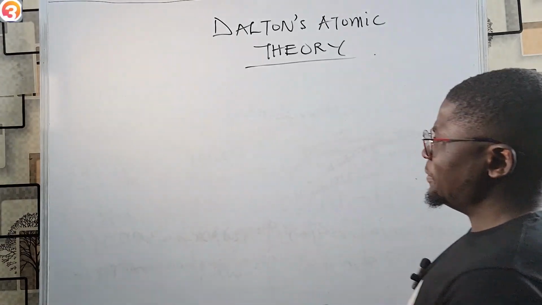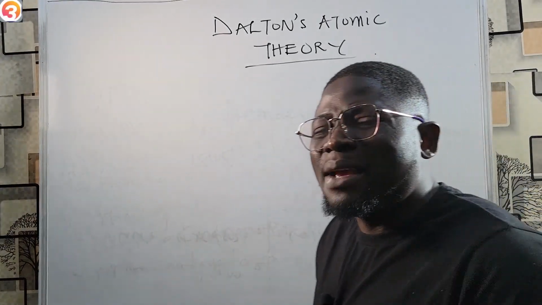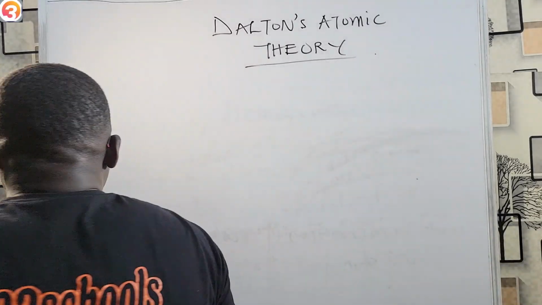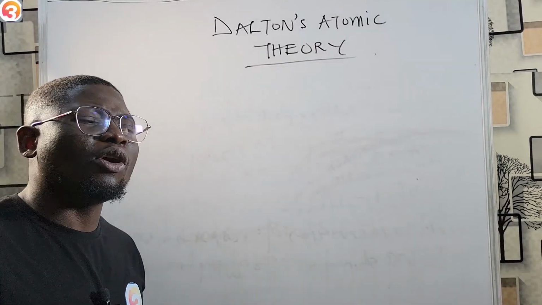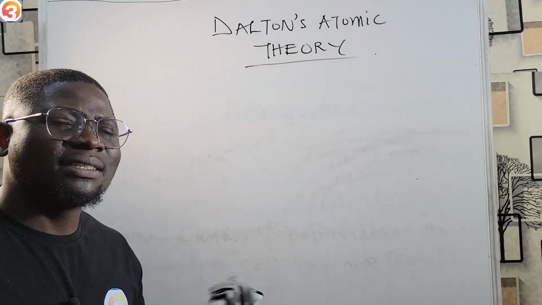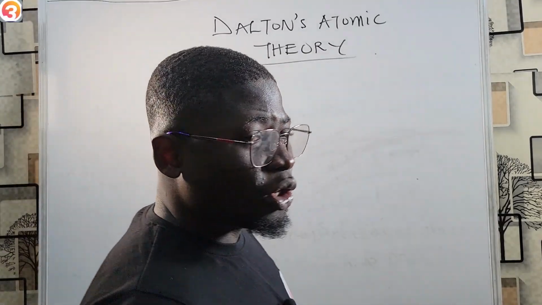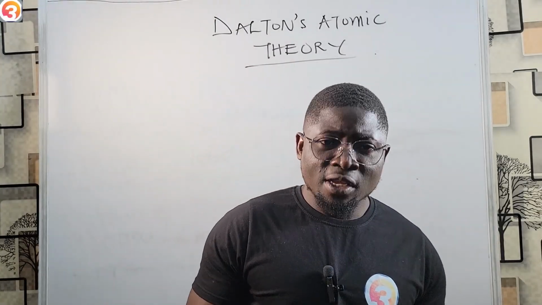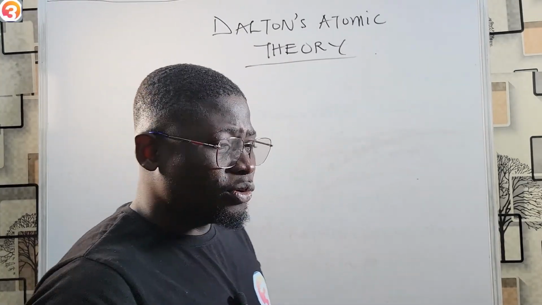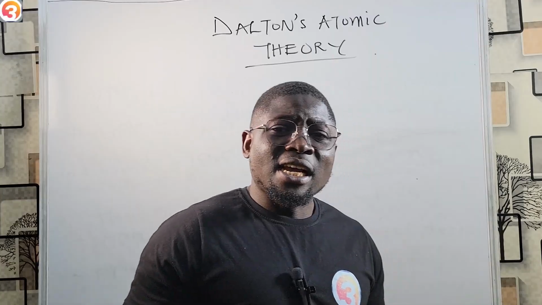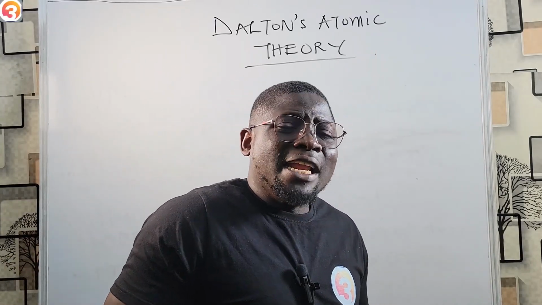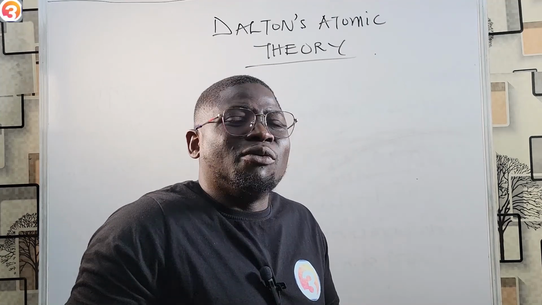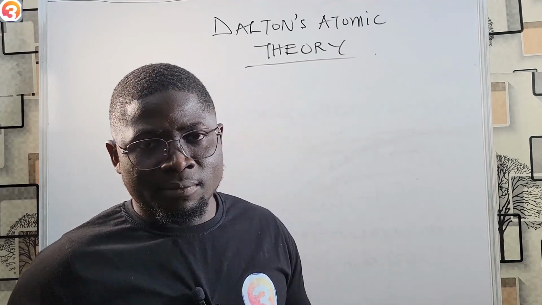Then it said atoms of the same element are alike in all respects, or identical, having the same size, shape, structure, and especially mass. But of course, it is now known that elements exist whose atoms have slightly different masses.